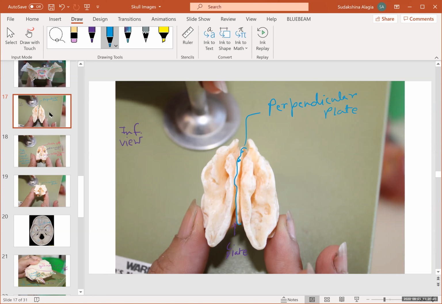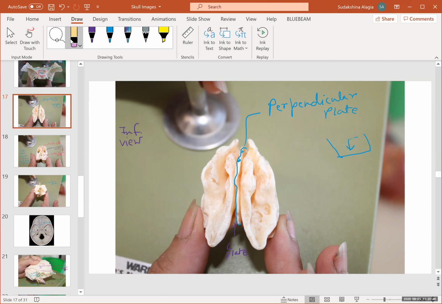Have that as your reference, because the perpendicular plate is right in the middle, coming down at a 90-degree angle. If this is the cribriform plate, then the perpendicular plate is coming down at a 90-degree angle. And then there are other structures immediately next to the perpendicular plate or slightly higher up.